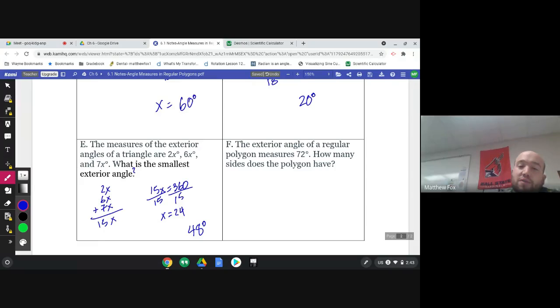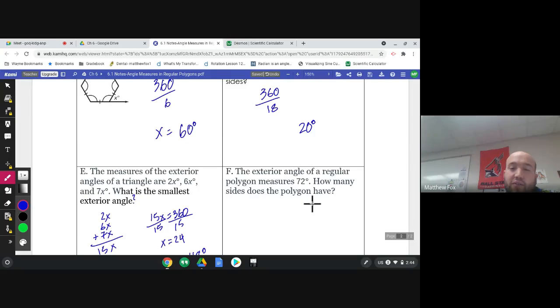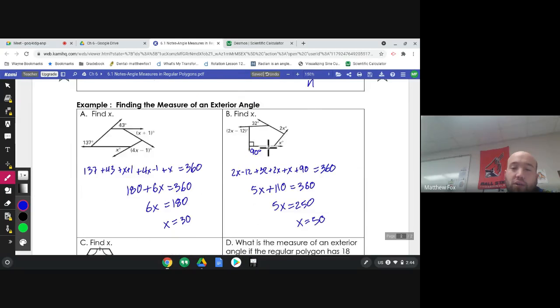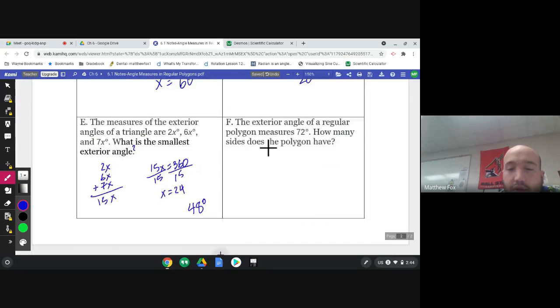And the final question of the day, once again, says the exterior angle, and it's a regular polygon, and it measures 72 degrees. How many sides does the polygon have? Now, if we think back up here, we said 360 divided by n will tell us what that exterior angle is of a regular polygon. So I can just do 360 over n equals 72.